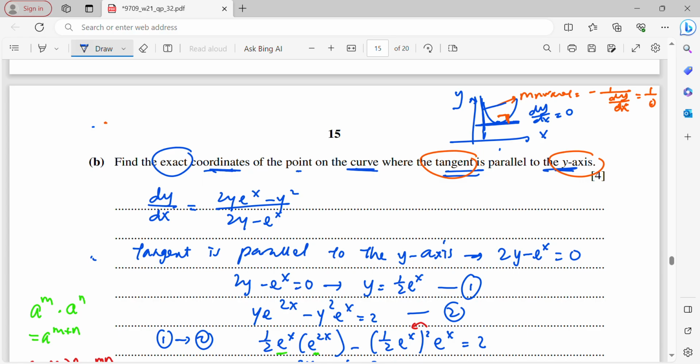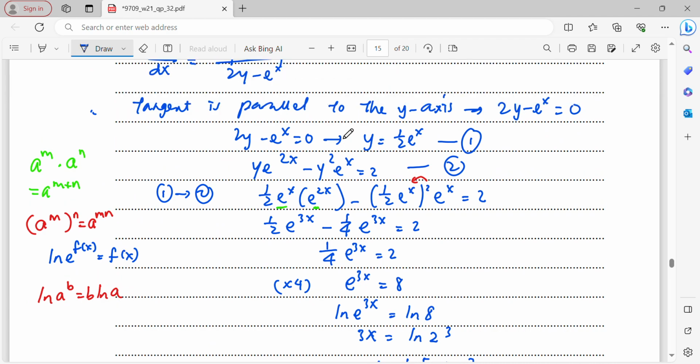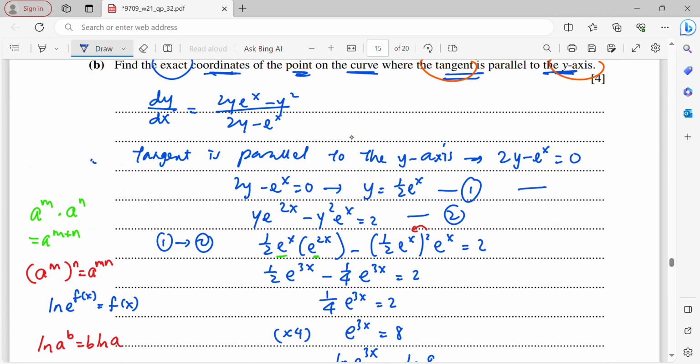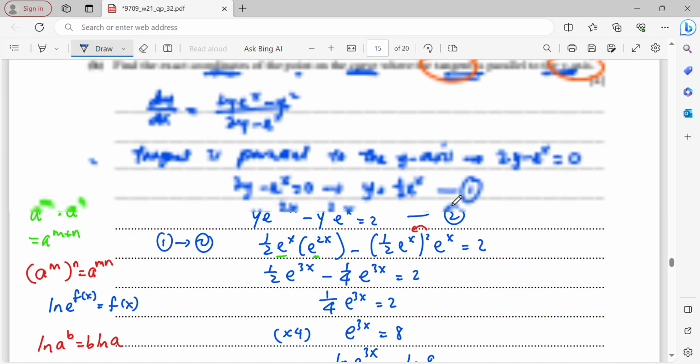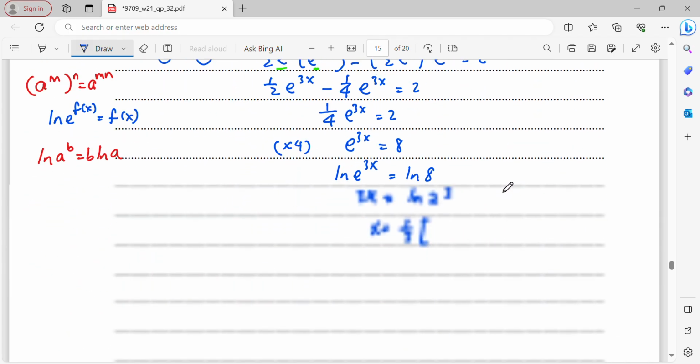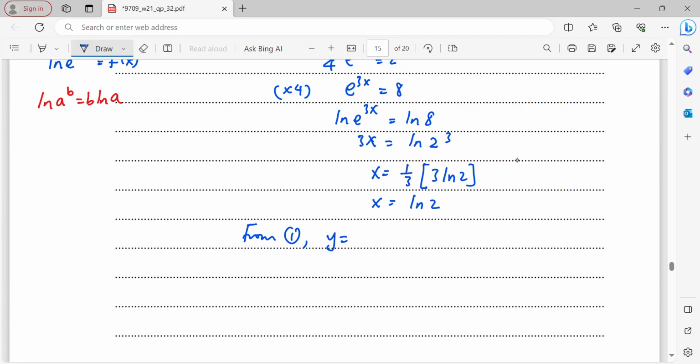But then now you need to find the coordinates of the points, which means now we need to get the y coordinate. So the y coordinate can be found by substituting the x value that we have found into the first equation. So from first, your y is half e^x. So this is going to be half e to the power of ln 2.